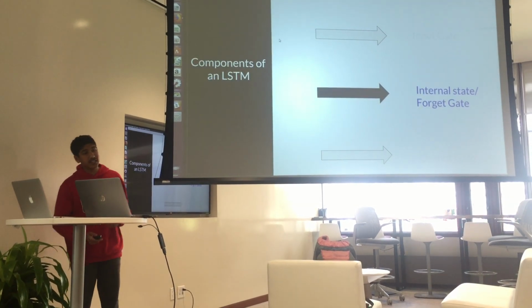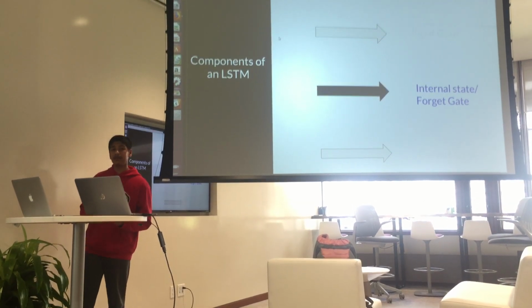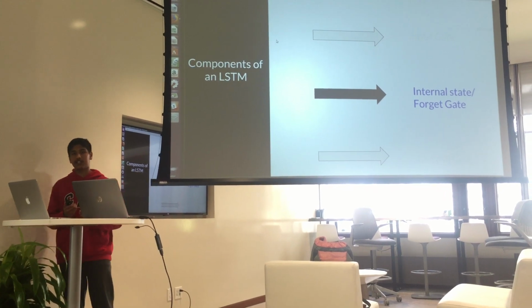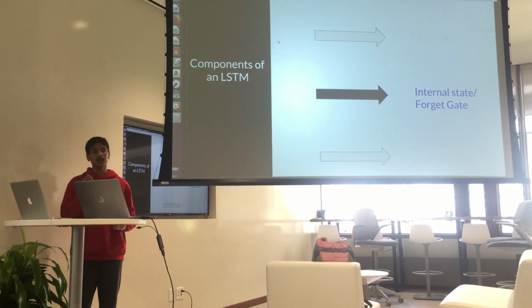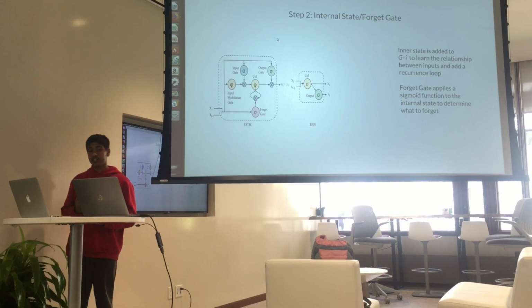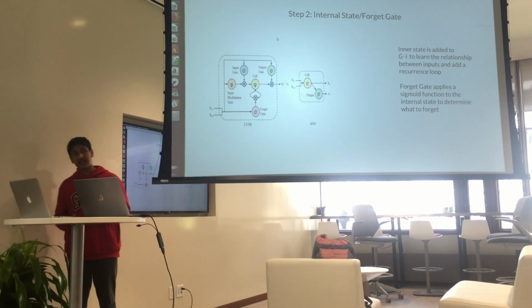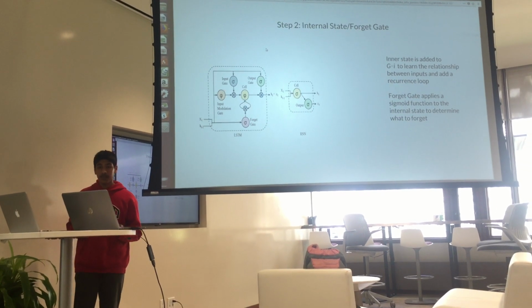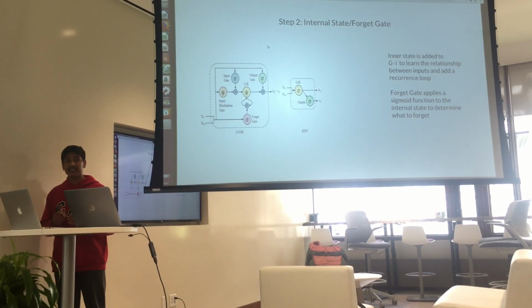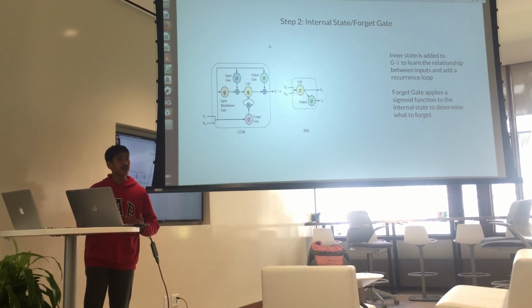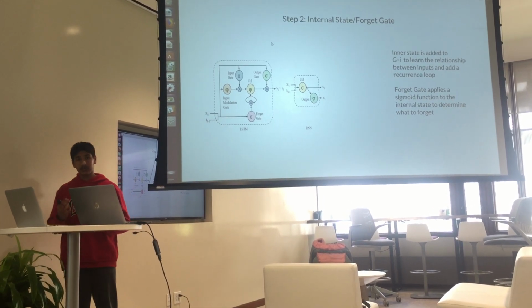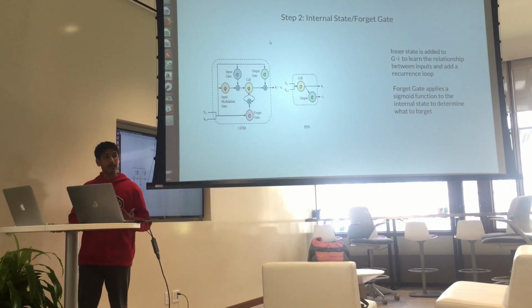The second step is the internal state and the forget gate. And this, in my opinion, has a lot of magic. This is where the most happens. In this, our inner state at the previous time step is added to our input gate equation. And what this essentially does is that it learns the relationship between the inputs, like the previous cell output and the current input.